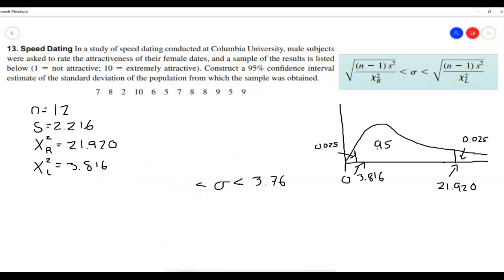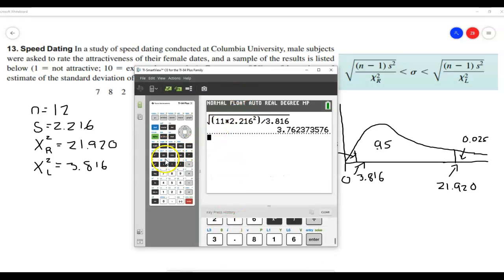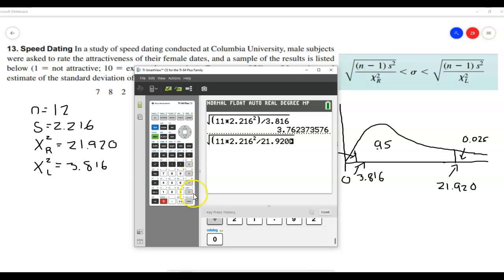And for this side over here, let's do the same thing. So square root. And once again, n minus 1 is just 11 times 2.216 squared, all right, and divided by, that's just going to be the chi-square right, which is 21.920.